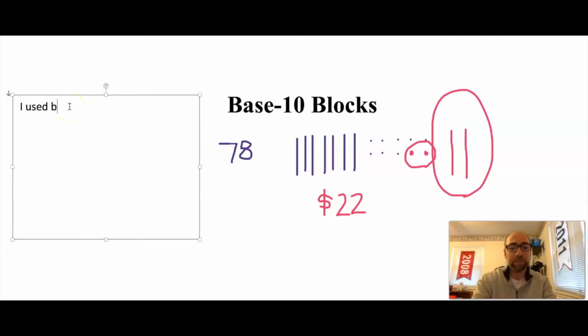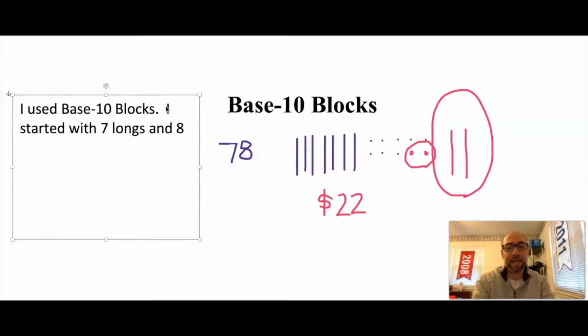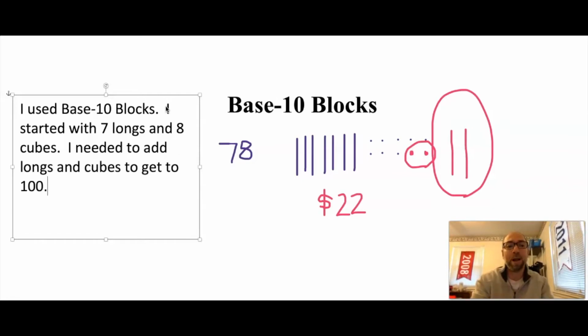So I'm going to show you how I would explain that in writing. I used base 10 blocks. So that's going to be the start of my explanation. I started with 7 longs and 8 cubes. I needed to add longs and cubes to get to 100.